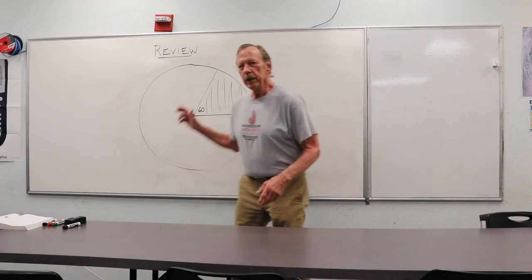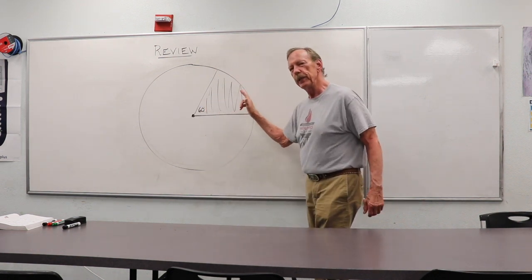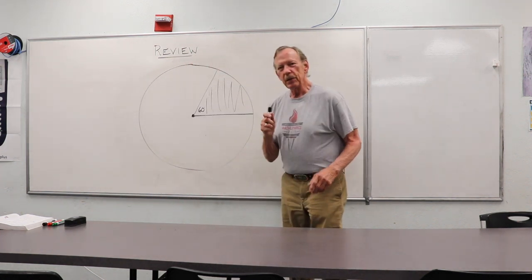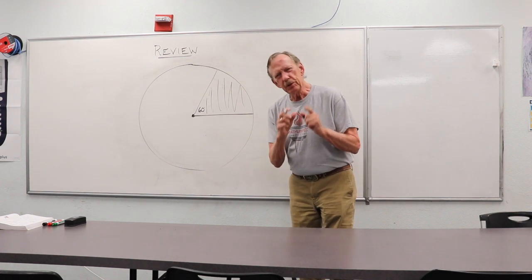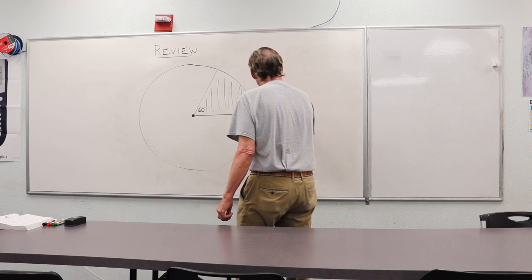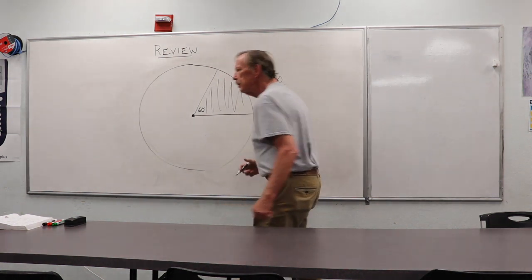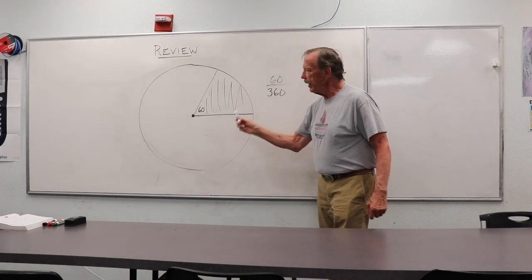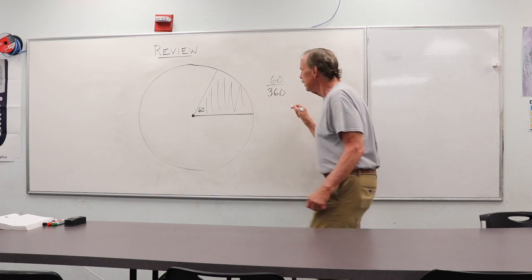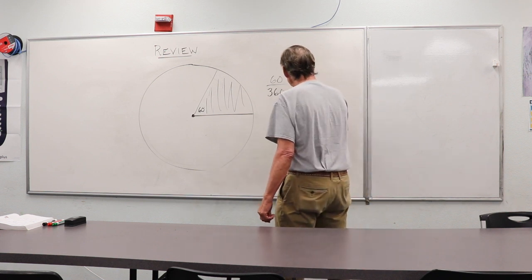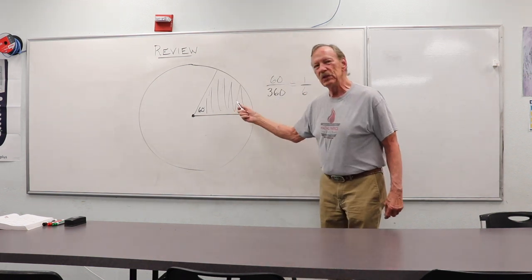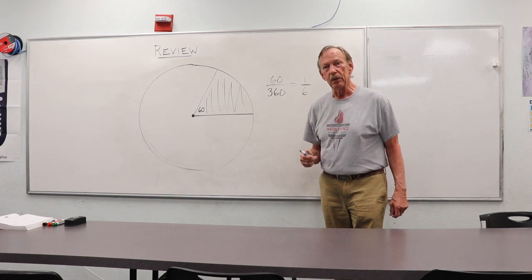Yesterday, we looked at how much of the pizza you ate. And when we looked at that, we discovered that there's a way to calculate that. What you need to do is compare this to 360. In this example, you ate 1/6 of the pizza, because 60 goes into 360 6 times. So this is 1/6 of the area of the circle.